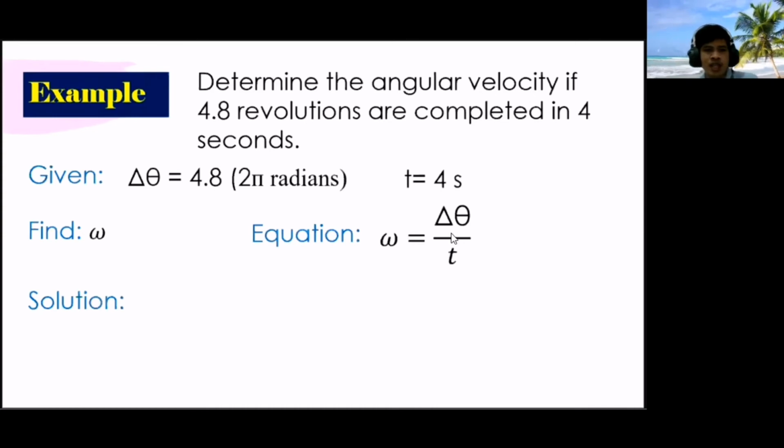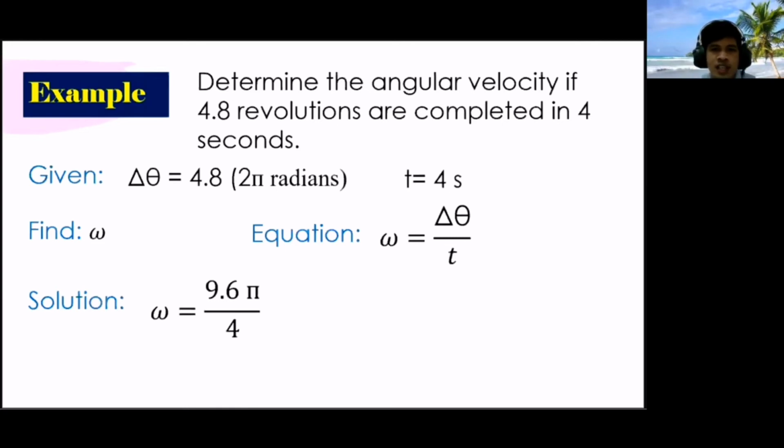Angular displacement over time. So we have here 4.8 times 2 pi radians. If this is correct, that is equal to 9.6 pi over 4, time is 4 seconds.